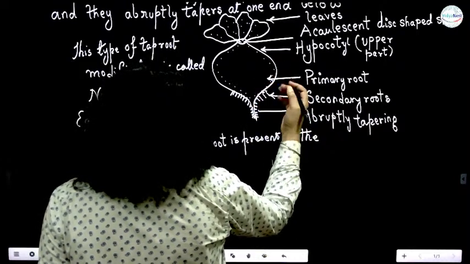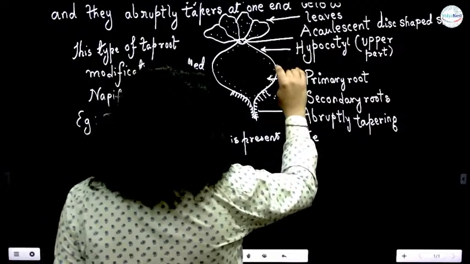Above this there is the hypocotyl, and above that there is an acalysan disc-shaped stem.